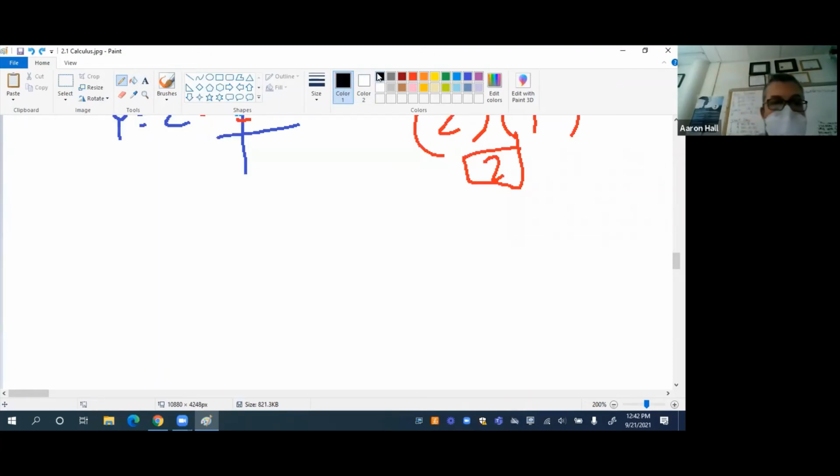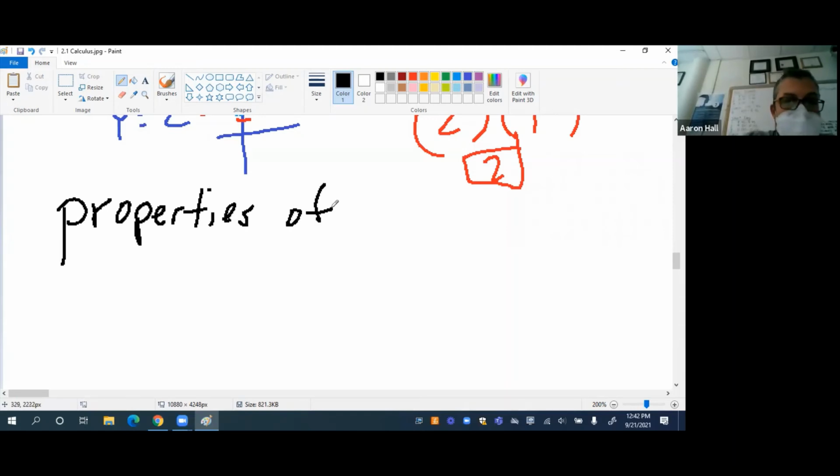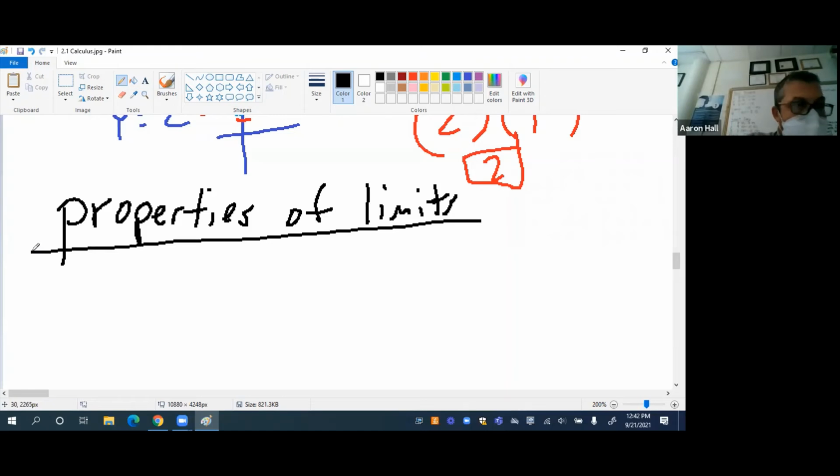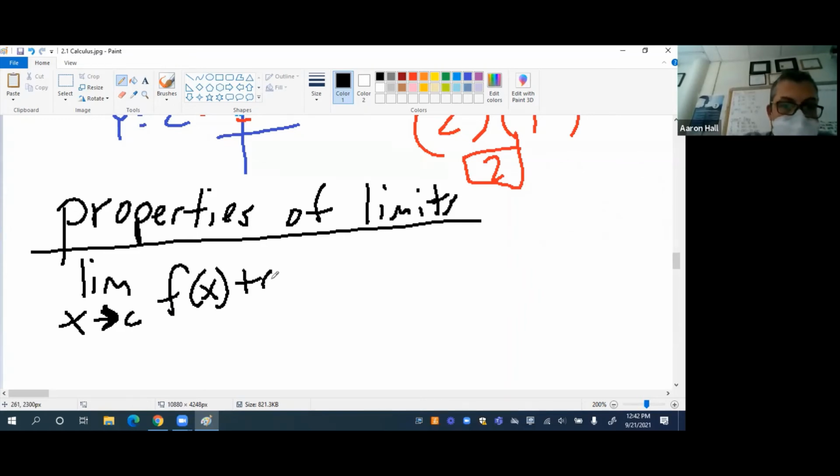These are the properties of limits. I think that they're pretty intuitive. If I have the limit as x approaches c, what is c? Just some constant, of our function f of x plus g of x.